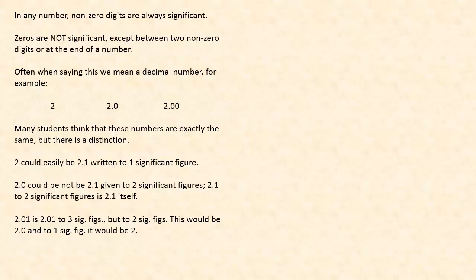So let's just think about that a little more. So we're talking about the number 2.01. So if 2 is here, and let's say that 2.01 is here. So to three significant figures, it would be exactly itself.